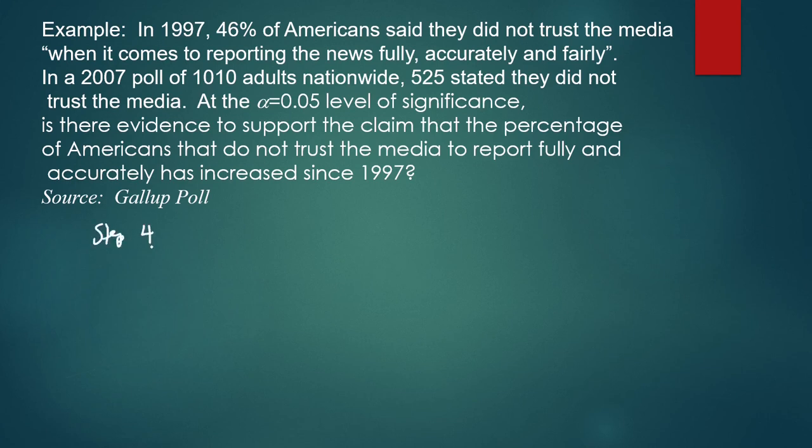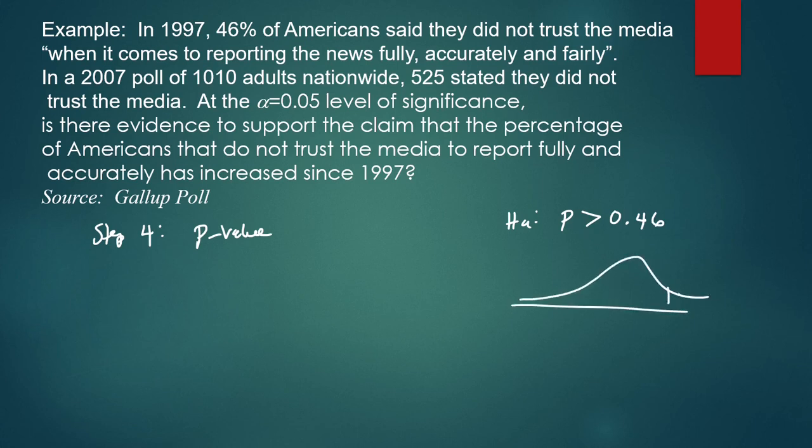Step 4. We are going to find the p-value. Now, if I look at our alternative hypothesis, we said that the proportion was greater than 0.46. That was the alternative hypothesis. This is going to be a one-tailed test. We're going to reject it if it's too high above 0.46. So we do not need to double the p-value.